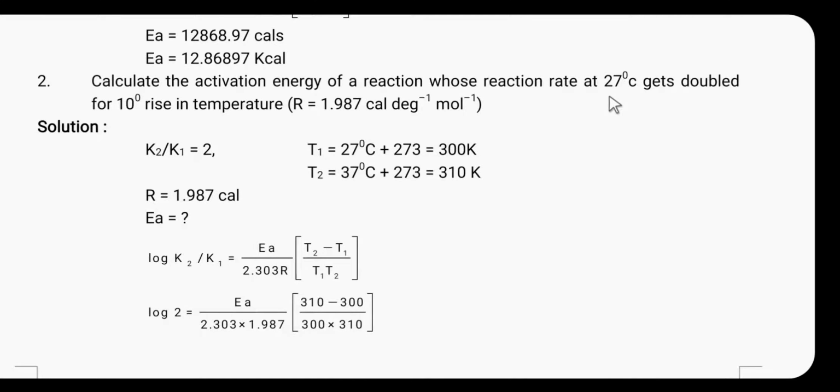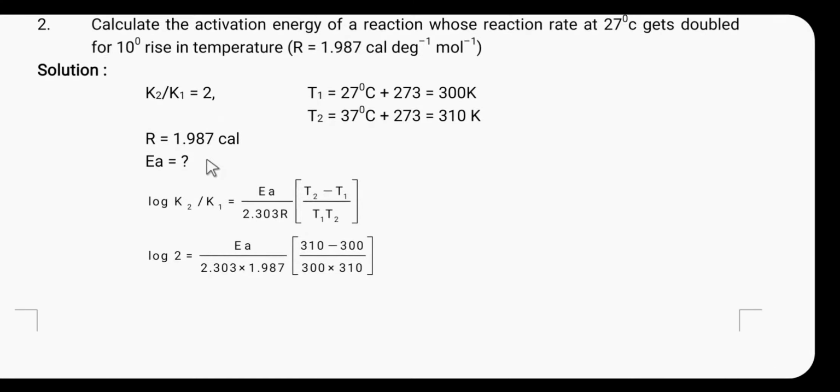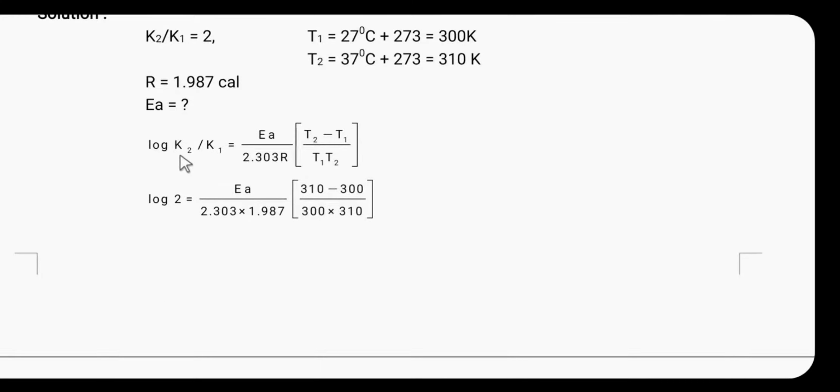So, here when the temperature is increased from 27 degrees Celsius, then the rate of the reaction is doubled. That is why the ratio, that is the temperature coefficient k2 by k1, is equal to 2. So, again our expression log of k2 by k1 is equal to EA upon 2.303 into R, (T2 minus T1) divided by T1 into T2.